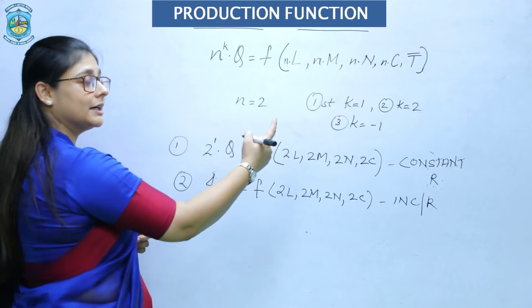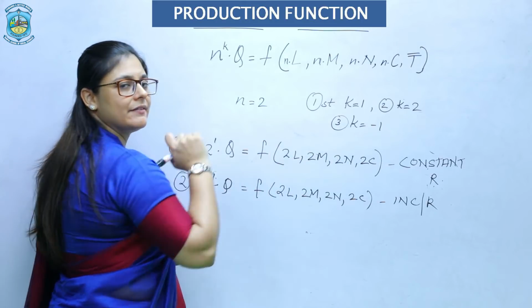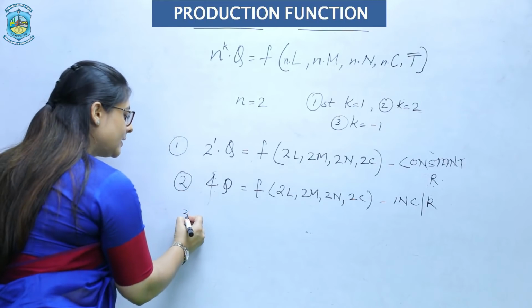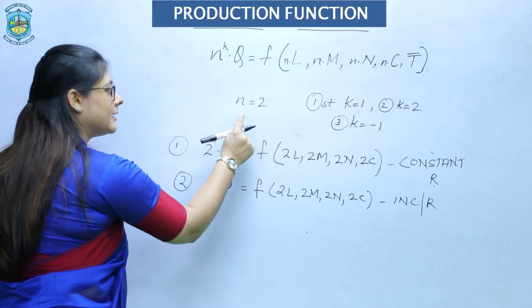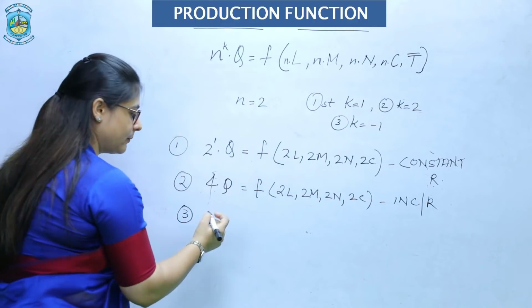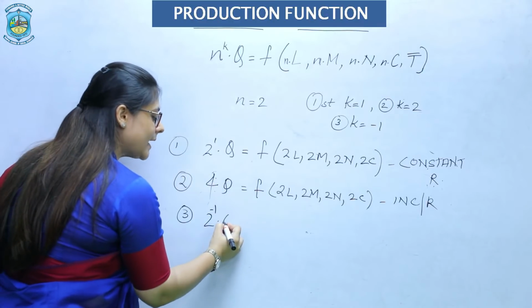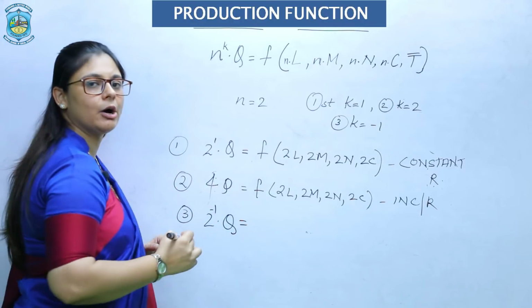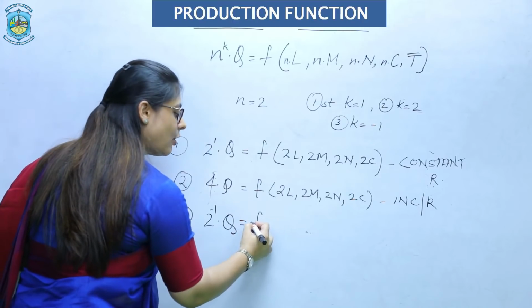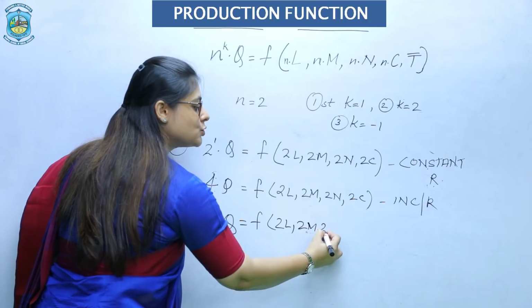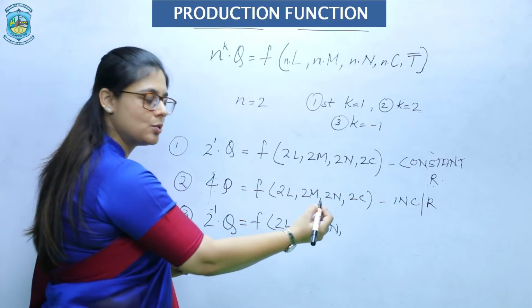Now, let us take the third case in which the value of k we have taken as -1, which is less than 1. Third case, k here is -1, n is 2. So, 2 raised to the power of -1 multiplied by q, that is the quantity of output, function of again 2L, 2M, 2N and 2C.